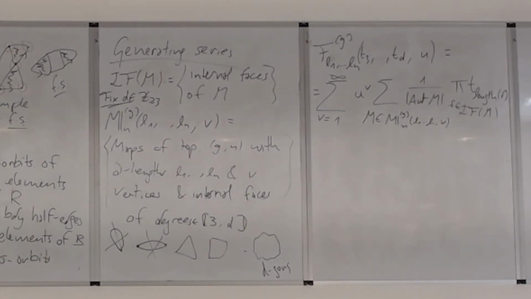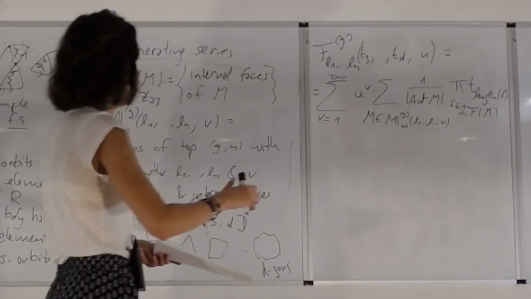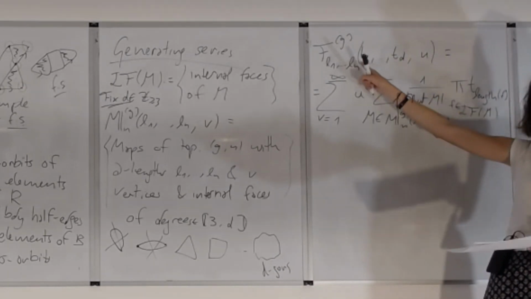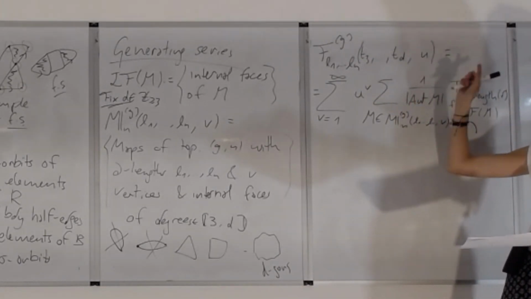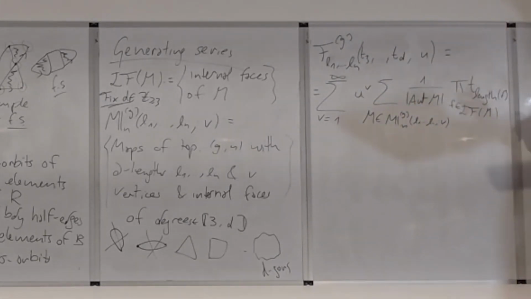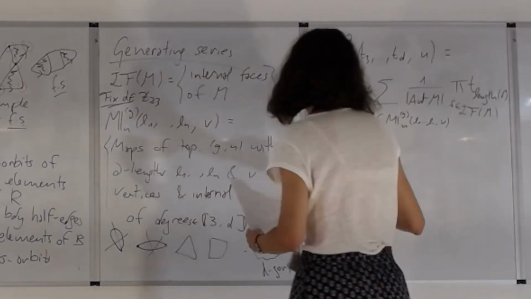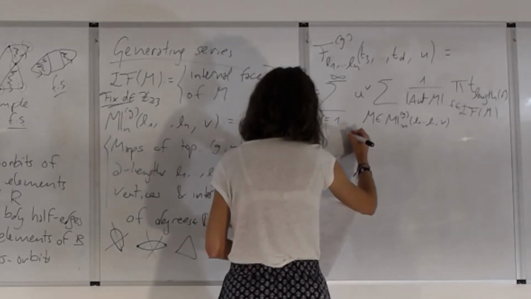I haven't understood what t_3 to t_D are. Yes, they are just parameters that will count how many triangles you have, how many quadrangles, and so on. So they are parameters to count the number of internal faces of a certain length. Okay, and this is the ordinary generating series.